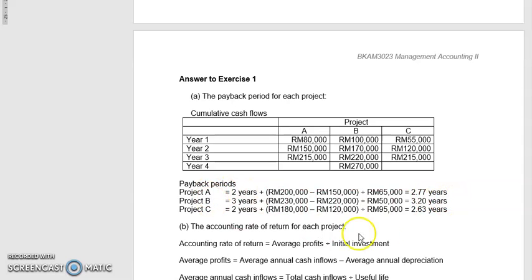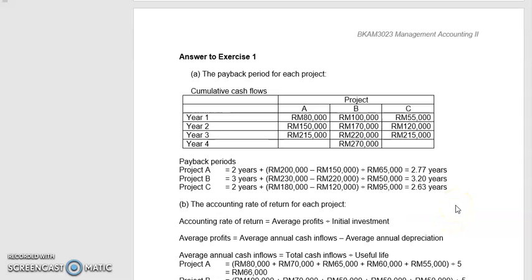For project B, 3.2 years. For project C, 2.65 years. So which project is the best? It will be the lowest, according to payback period.